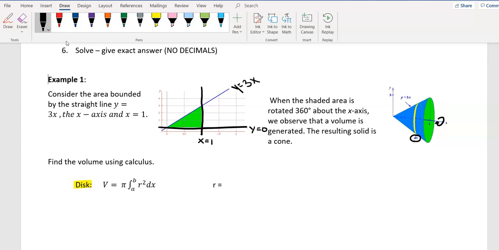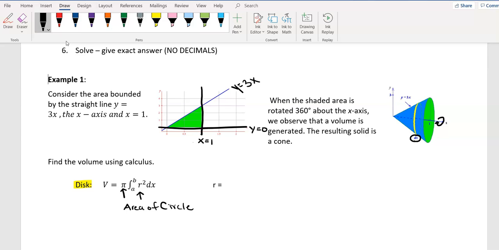And so here is the disk formula. The pi and the r squared, if you recall, is your area of your circle. So this disk shape that we have here. So that's where that's coming from. So just as a reminder, that's the area of a circle, pi r squared.